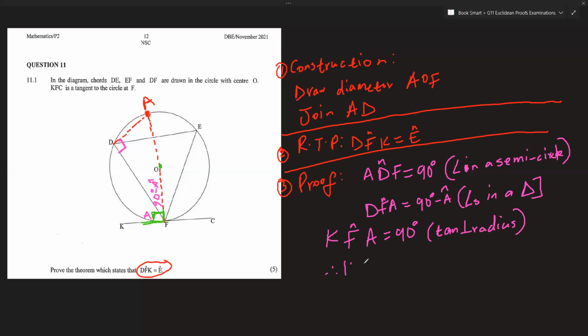Therefore, KFD equals angle A. Remember, KFD is basically DFK, it is the same thing. It does not matter where you start, as long as you are following the same path. Direction does not matter. It is equal to angle A.